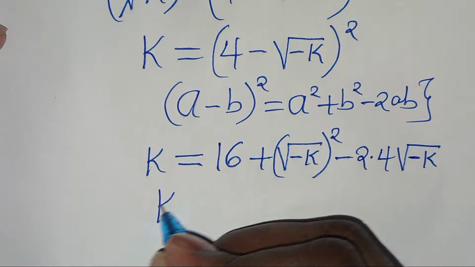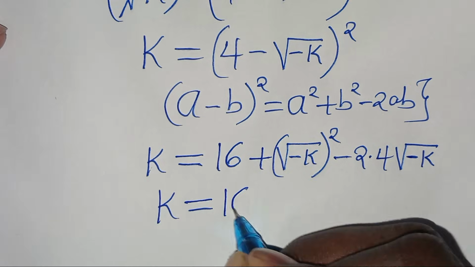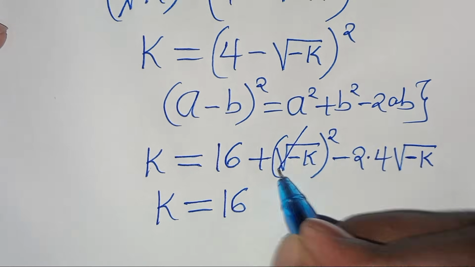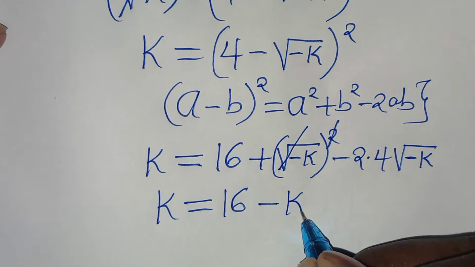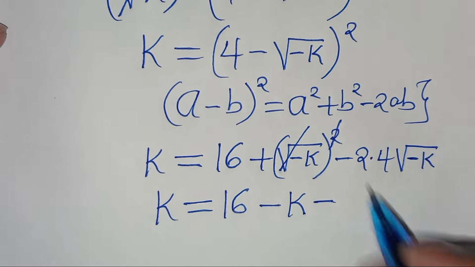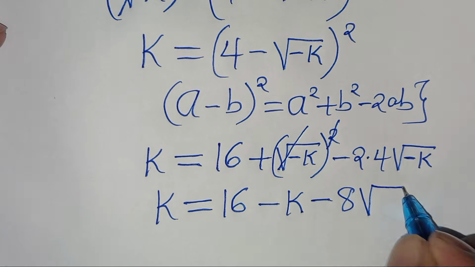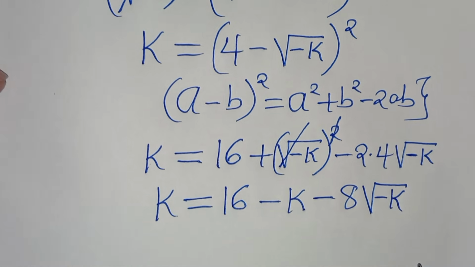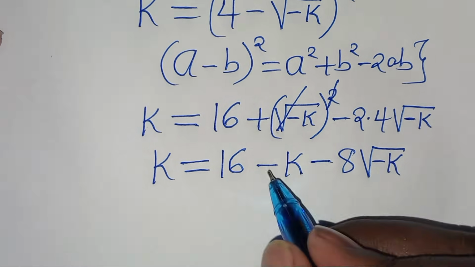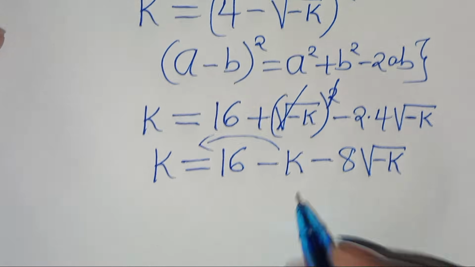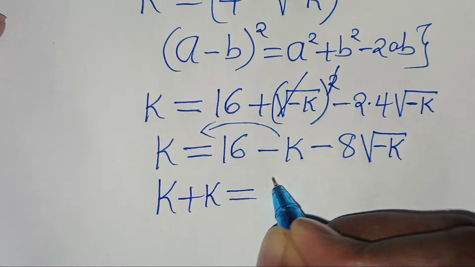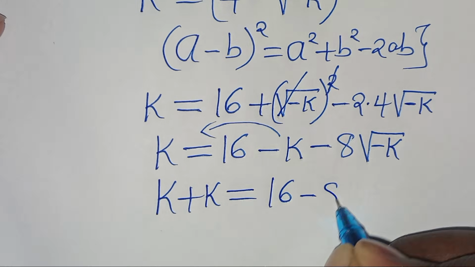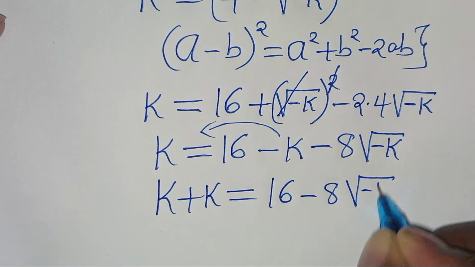Now this is k equal to 16. Let's eliminate the square root sign here. Plus times minus k, this is minus k, then minus 2 times 4, this is 8, square root of negative k. Now let's take negative k on the left hand side so that we have k plus k. This is equal to 16 minus 8 square root of negative k.